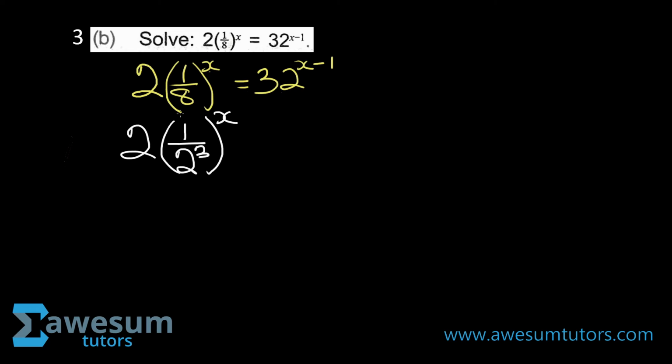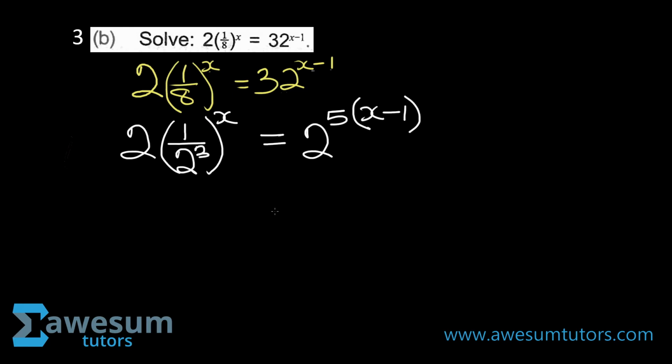So 8 is 2 raised to the power of 3, then everything raised to the power of x, equals 32, which is the same thing as 2 raised to the power of 5. Then you have this power x minus 1, so I'll put that in a bracket. Very good, guys.